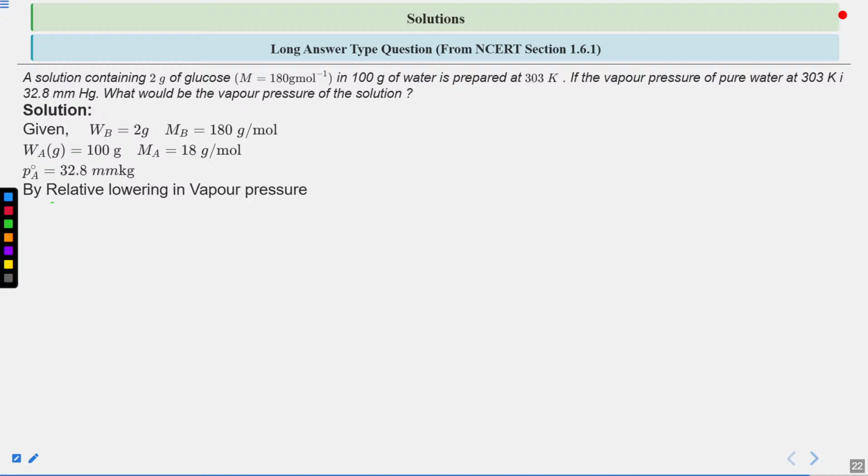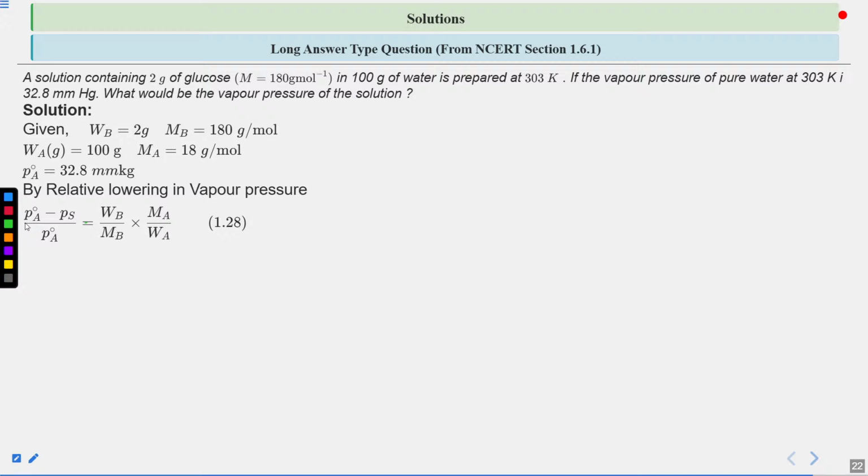So, by the relative lowering in the vapor pressure, if you use this concept, we know that P naught A minus Ps upon P naught A will be equal to the mole fraction, or you can say this quantity, which is Wb upon Mb multiplied by Ma upon Wa, right?